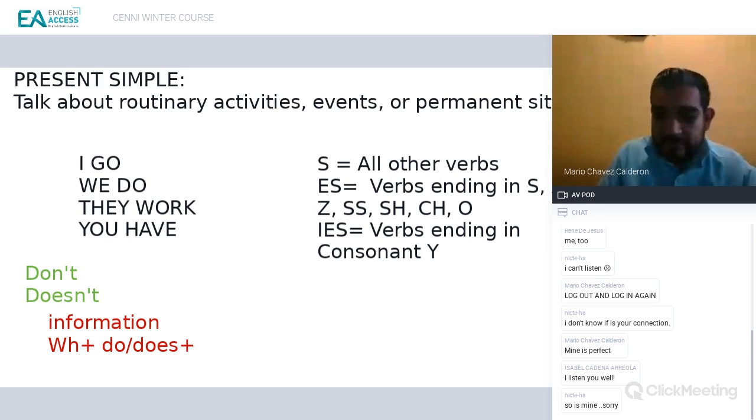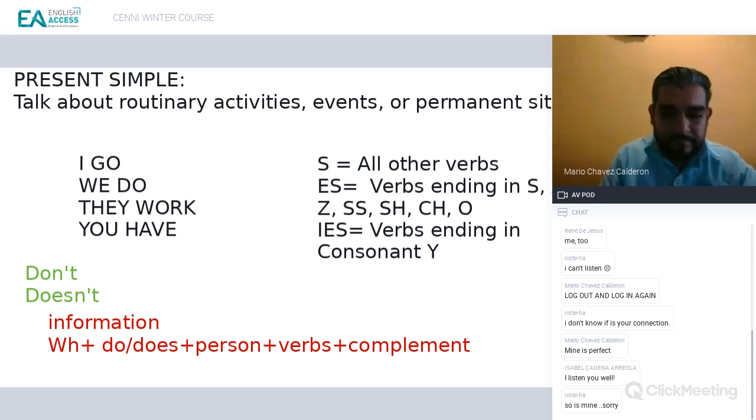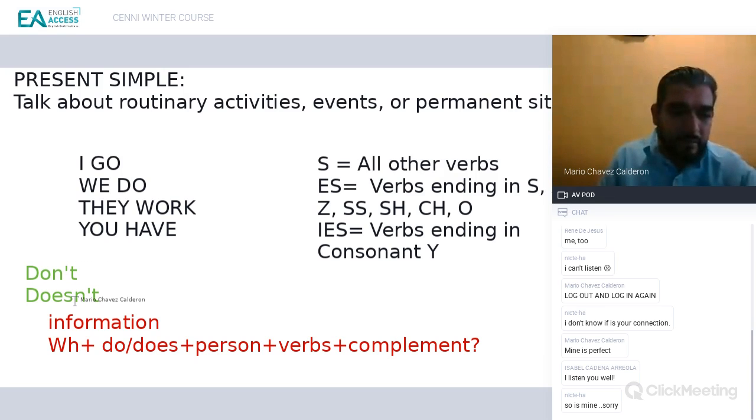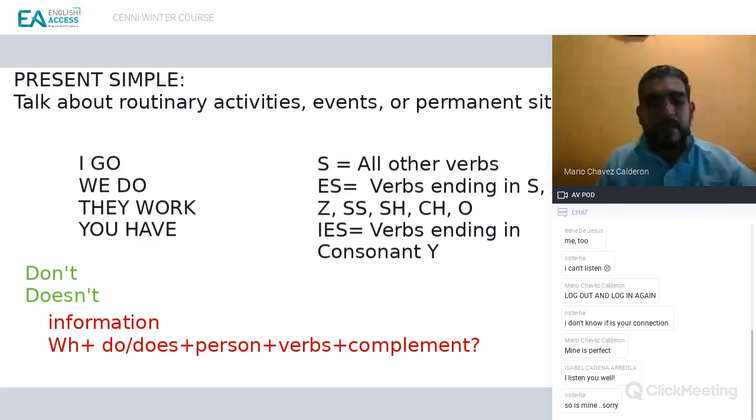Then after the auxiliary, we use the person, the name of the person we are talking about. Then we use a verb, and if necessary, the complement. And finally, we end with a question mark, right?